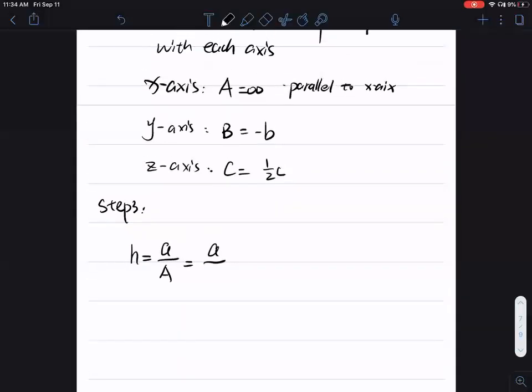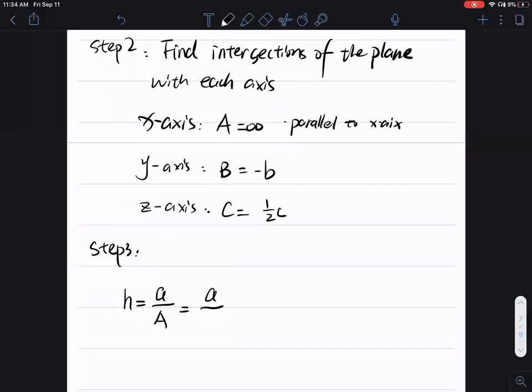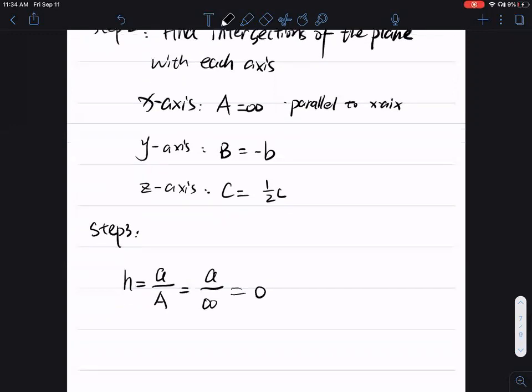A, the capitalized A, is the one we found in step 2. In this case, it's infinite. Let's plug in the value, infinite. What's the result of a divided by infinite? 0, right? If you divide something by infinitely large, the result is going to be 0.